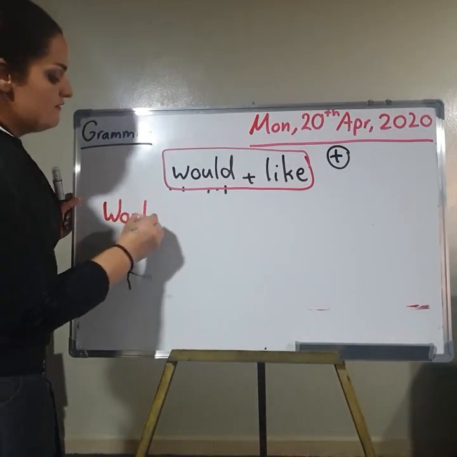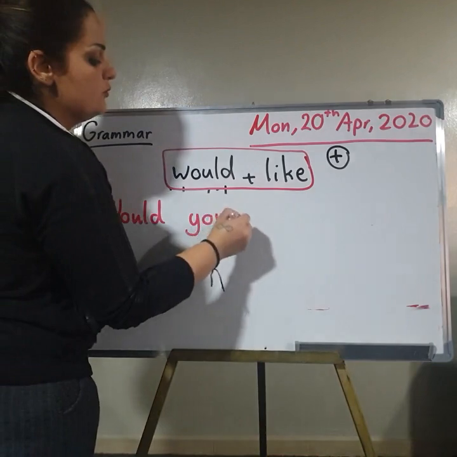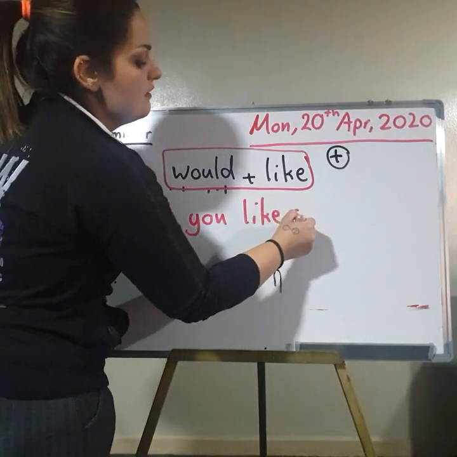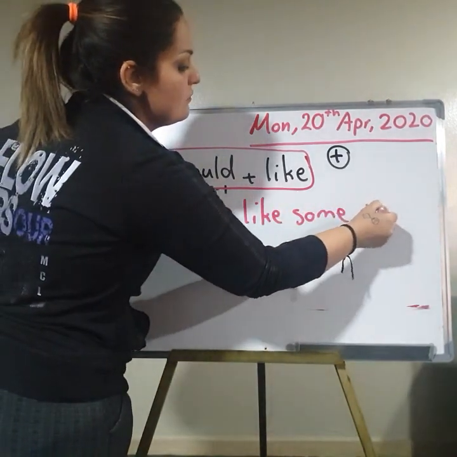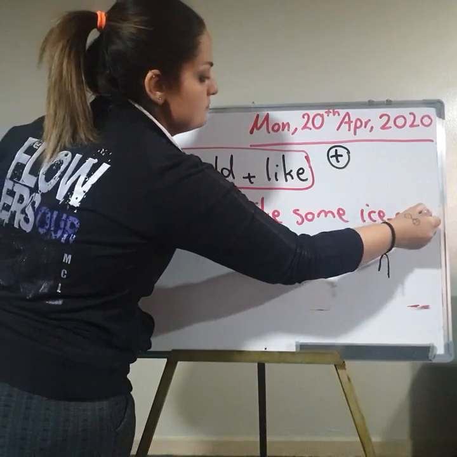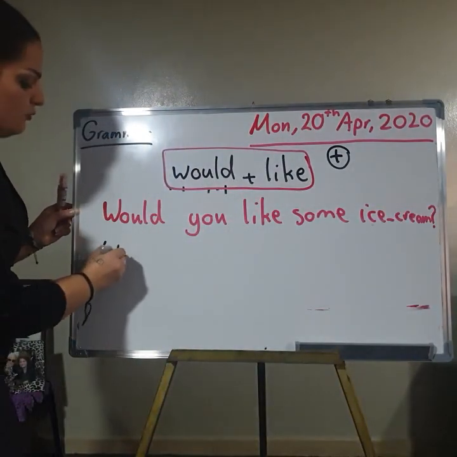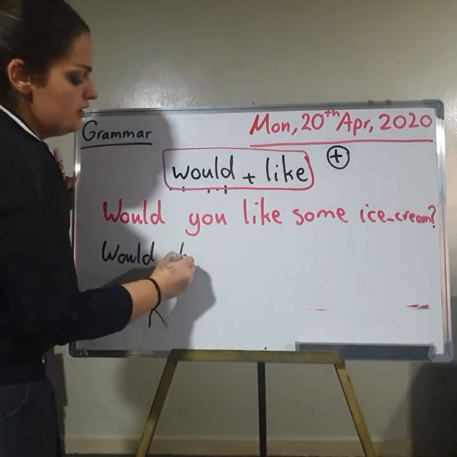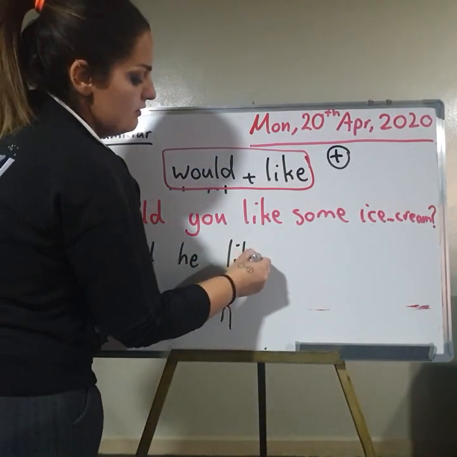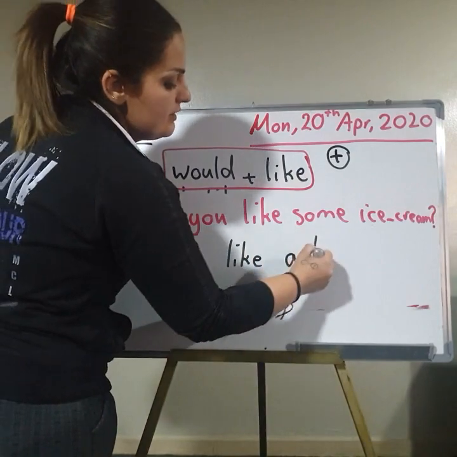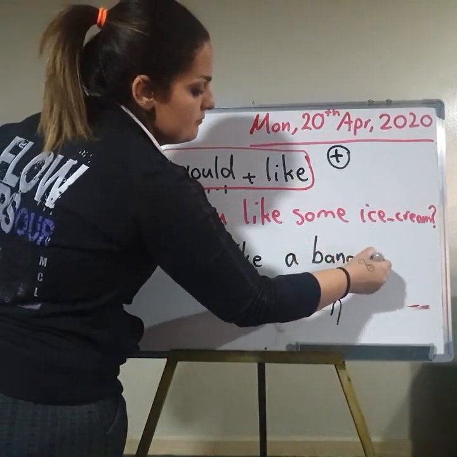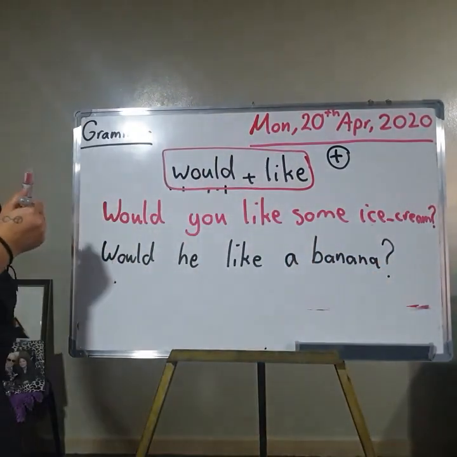For example, when I say, would you like some ice cream? And it's a question mark. Would he like a banana? Okay, so it's a question.